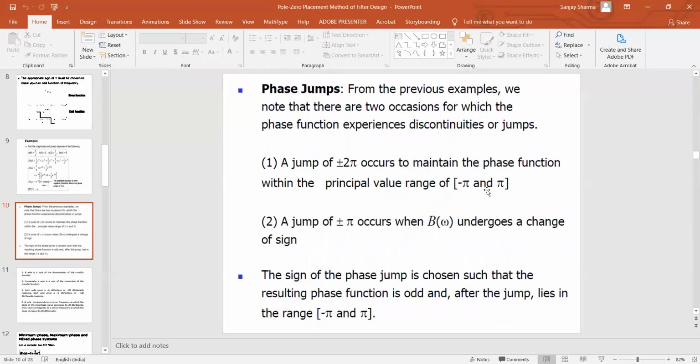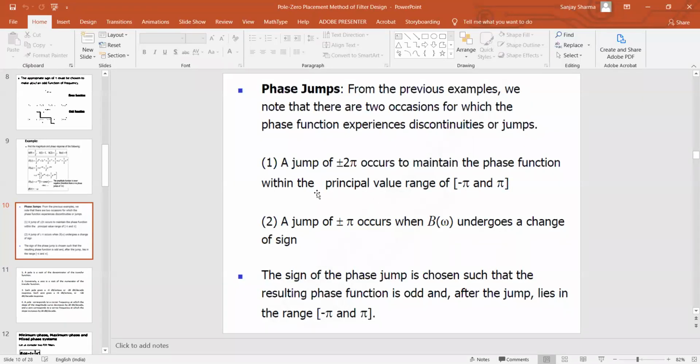The phase cannot go beyond, regarding the y-axis I'm talking about. What will be on the y-axis? On the y-axis will be the phase response, the angle part. On the x-axis will be frequency. The phase cannot go beyond minus pi or pi, right? If it tries to go beyond minus pi or pi, you will make a phase jump of 2 pi, and then you will start from that point once again.